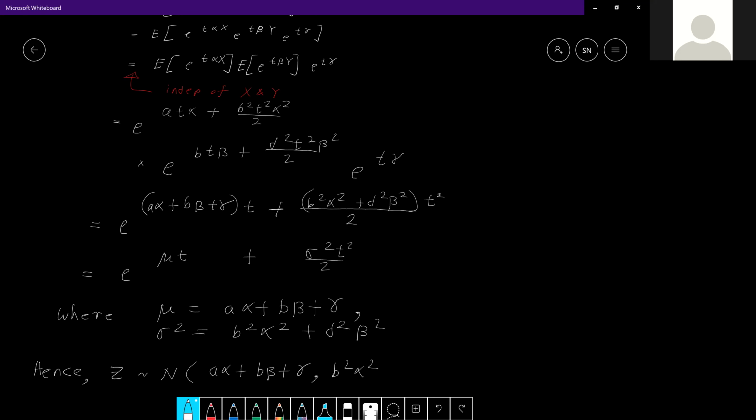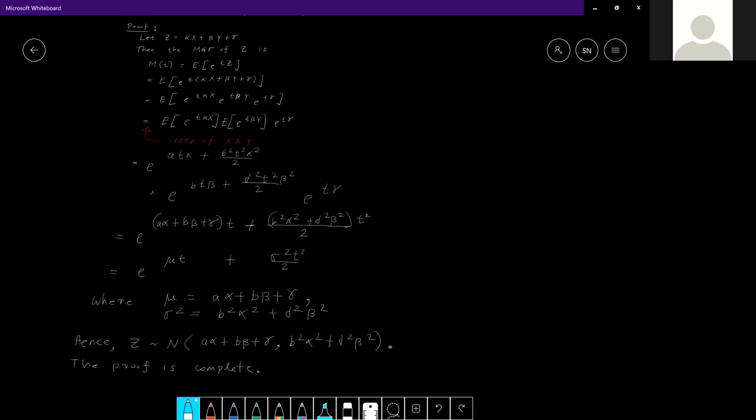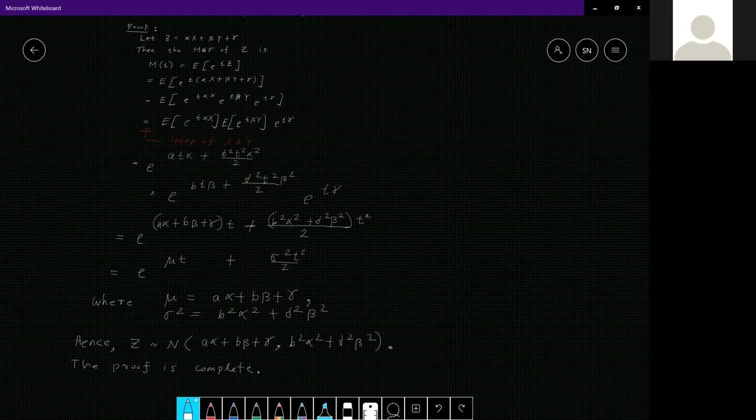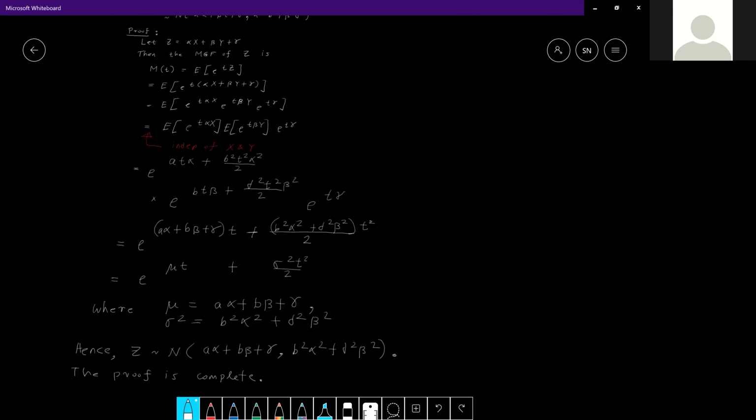Do you follow what I've done? Let me take you through this if you did not. What I did is to call Z alpha X plus beta Y plus gamma, and then I started deriving the MGF of Z. Using independence of X and Y, you can write the MGF of Z in this form.